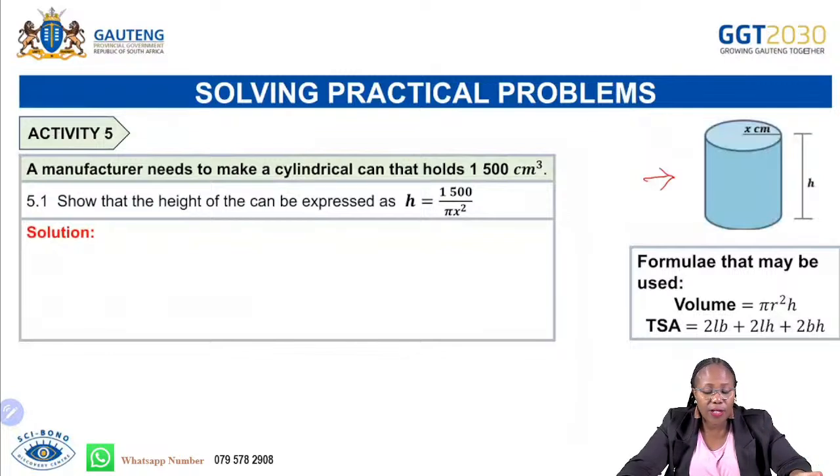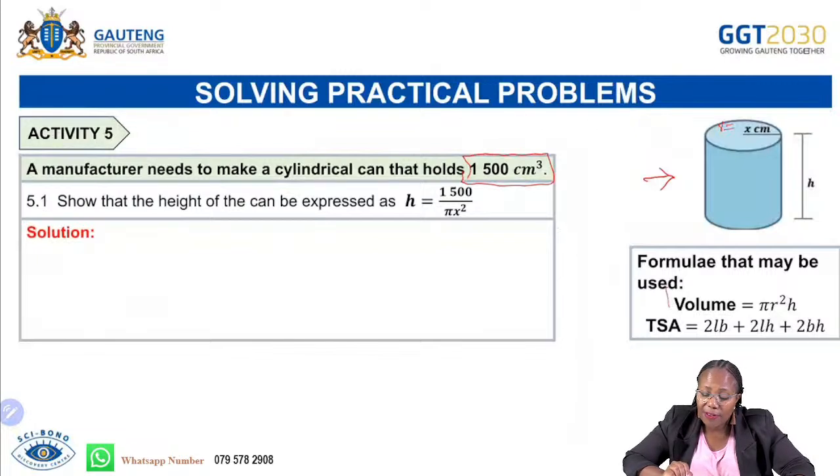Show that the height of the container can be expressed by h is equal to 1,500 over pi x squared. Now we are given the radius of this is equal to x centimeters and the height of the container being h. And if we check again, we are given 1,500 cubic centimeters.